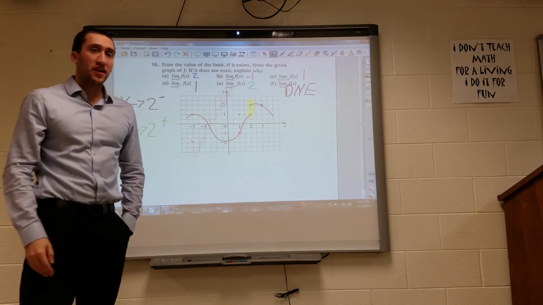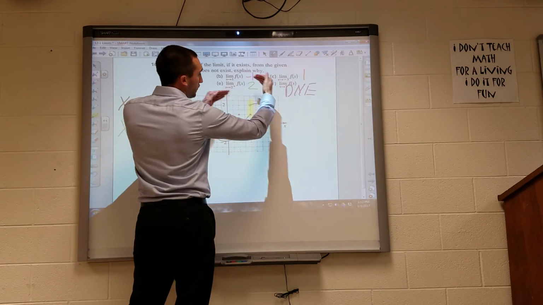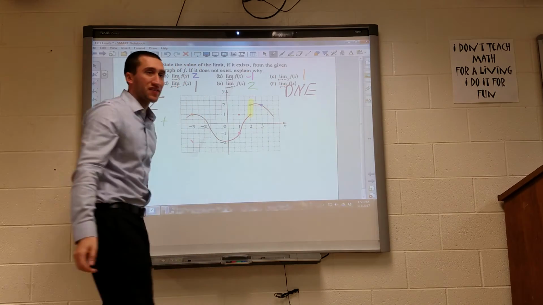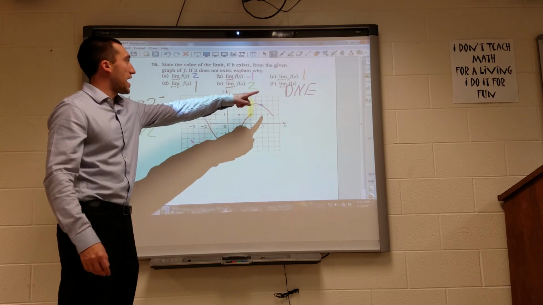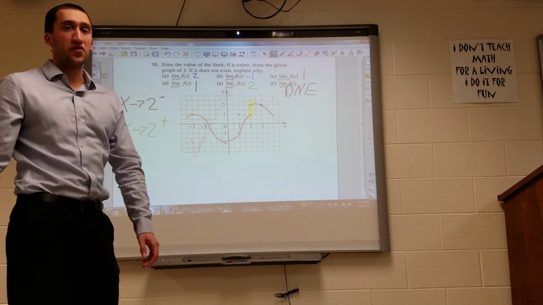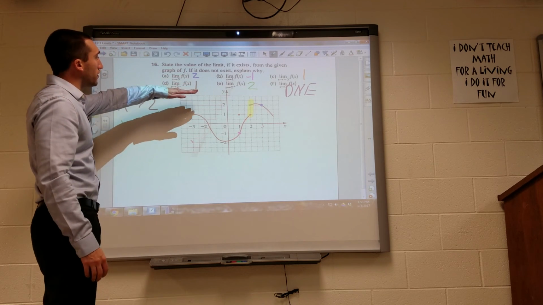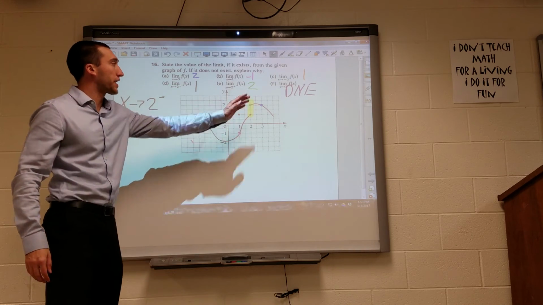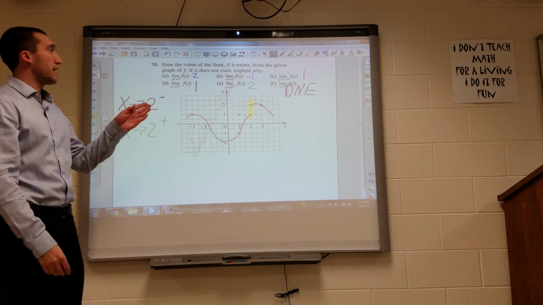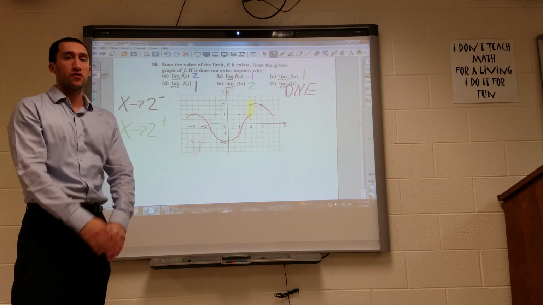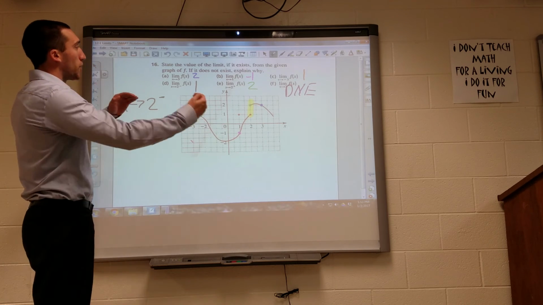It does not exist because both sides are not approaching the same limit. Their limits are not the same. So we would not have a limit when x approaches 2, even though we do have a limit when it approaches 2 from the negative side and from the positive side. We just do not have a limit if we're looking to approach 2 from both sides.